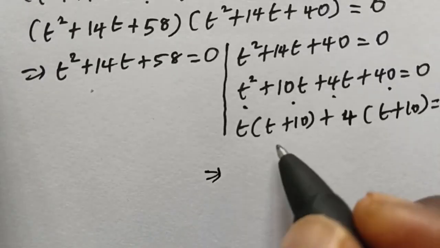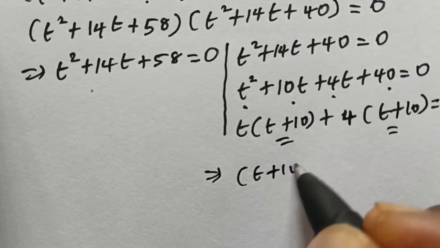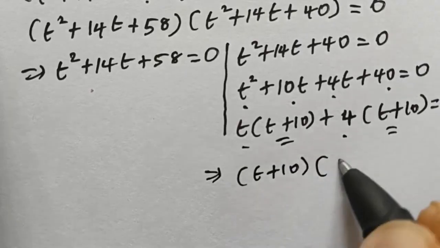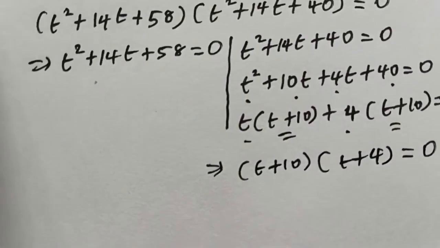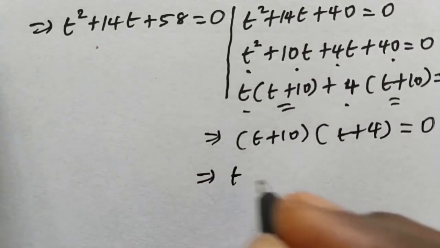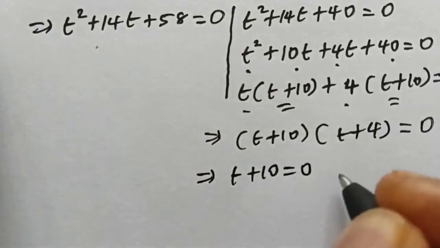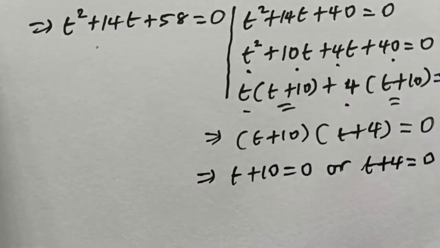Let's continue. This implies that t + 10 is common. We pull it out: (t + 10)(t + 4) equal to 0. This means that t + 10 is equal to 0, or t + 4 is equal to 0.